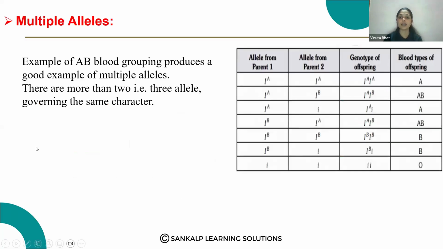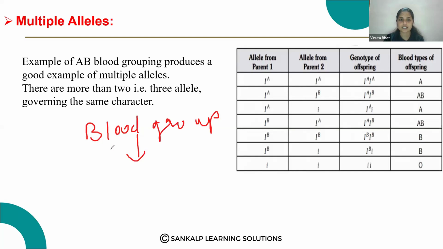And one more concept, multiple alleles. So what is this multiple alleles? For example, ABO blood grouping. Here a single character that is controlled by more than two alleles is called multiple alleles. For example, the blood group of human beings is controlled by IA, IB and small i, three alleles, right?